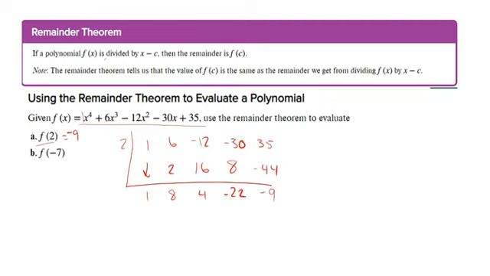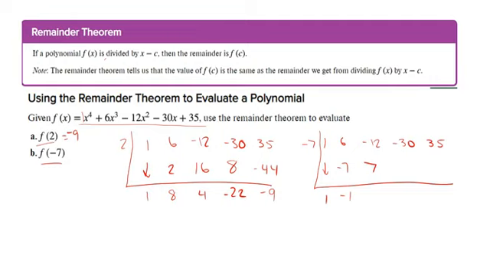We could do the same thing for f of negative 7. We're just going to do synthetic division. We're going to use negative 7. Bring down the 1. Negative 7 times 1 is negative 7. 6 plus negative 7 is negative 1. Negative 7 times negative 1 is positive 7.